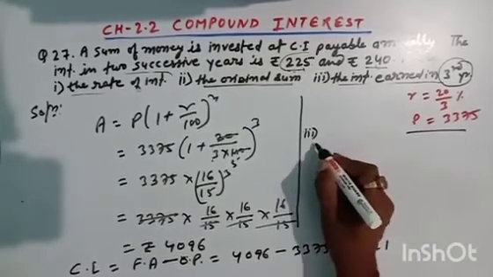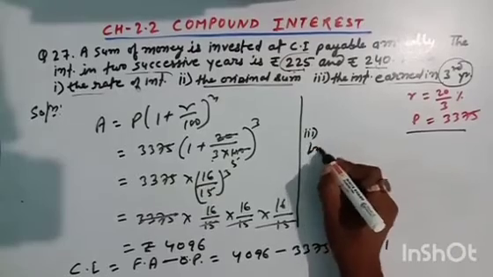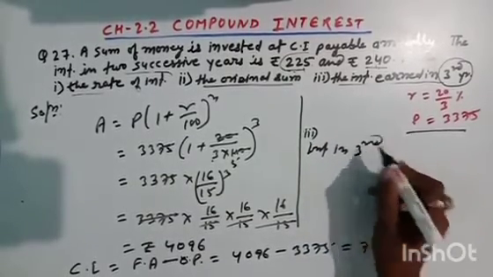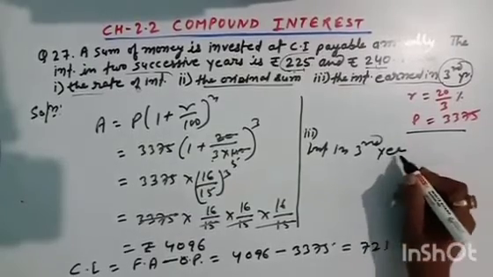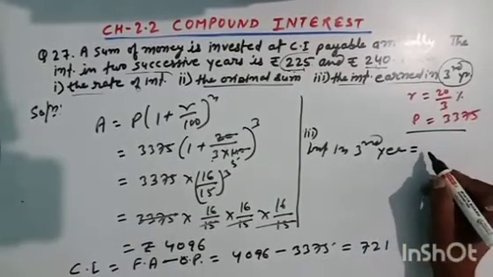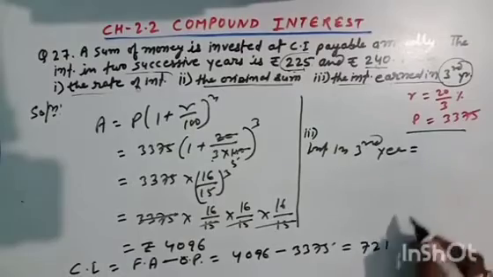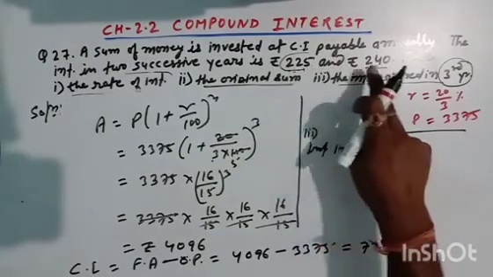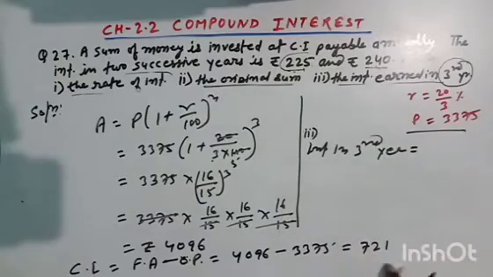Third part: the interest in the third year only. What we will do is subtract the first year's interest and the second year's interest from the entire interest.